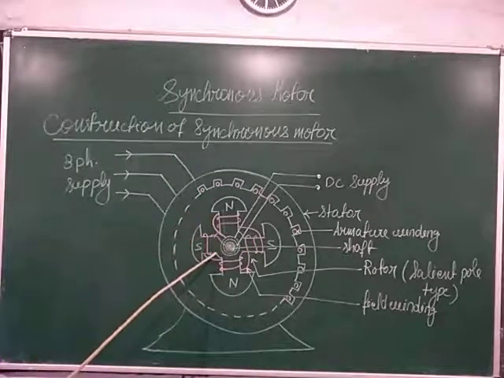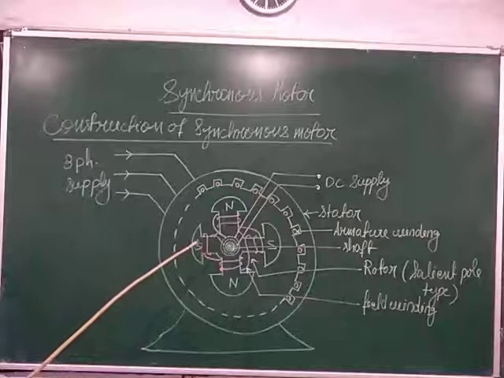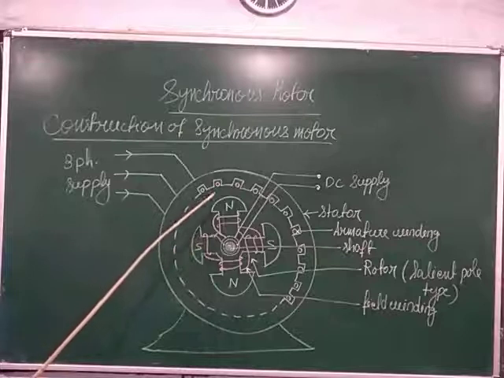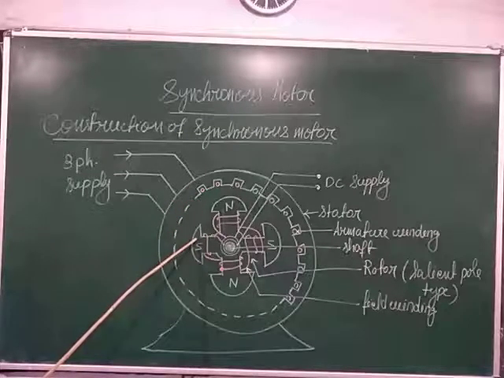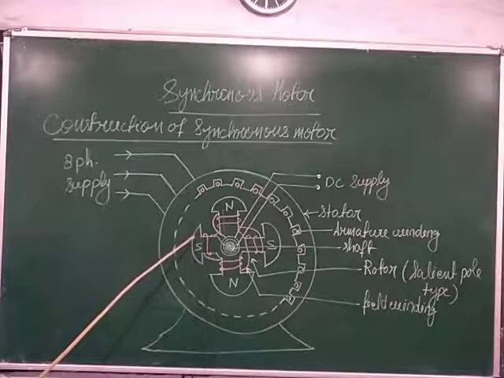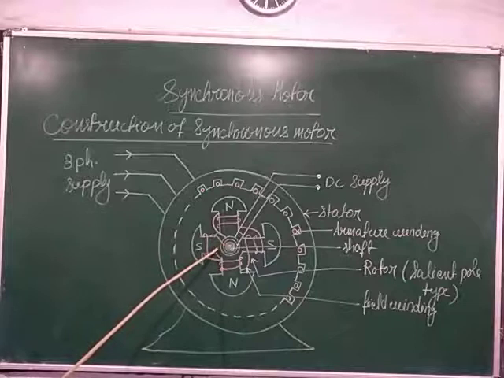So here the rotating field structure is complete with damper. Later we will study the damper winding. The field structure consists of damper winding, slip rings, and also brushes and brush holders.